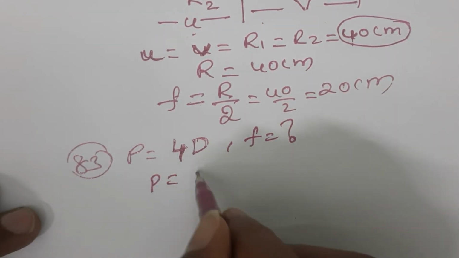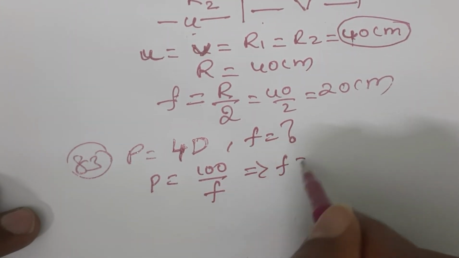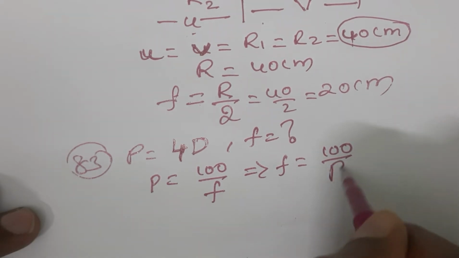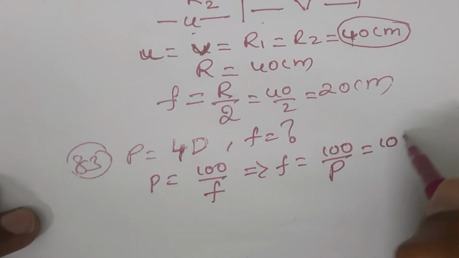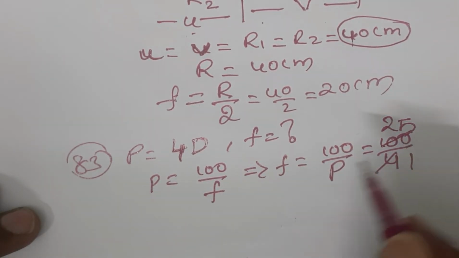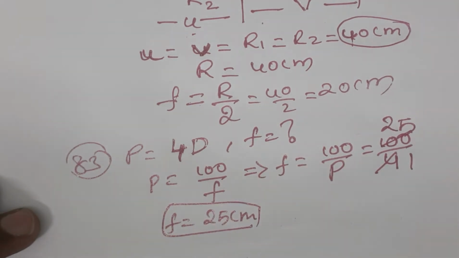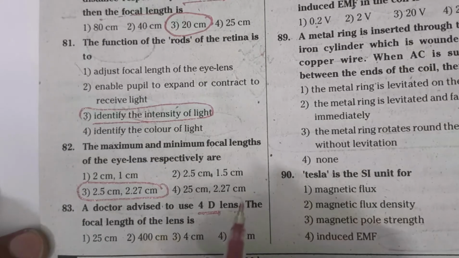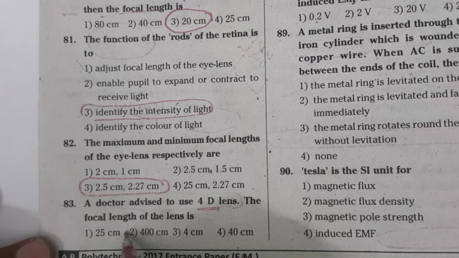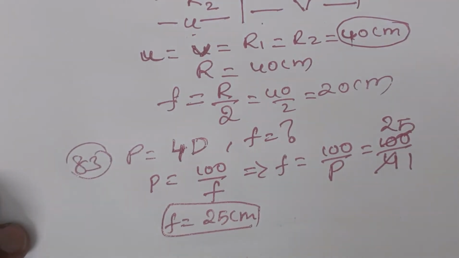We know power P equals 100 by f, which implies f equals 100 by P. The power value is 4, so 100 by 4, 4 times 25 is 100. In this formula f is taken in centimeters. So f is 25 centimeters. So you can identify the option: 25 centimeter.